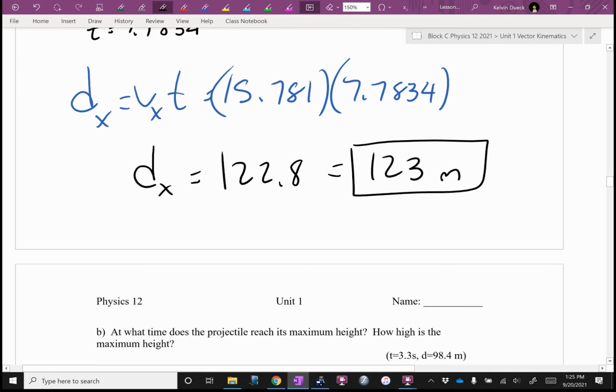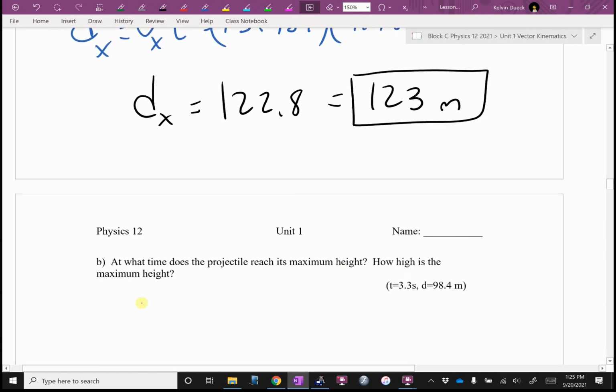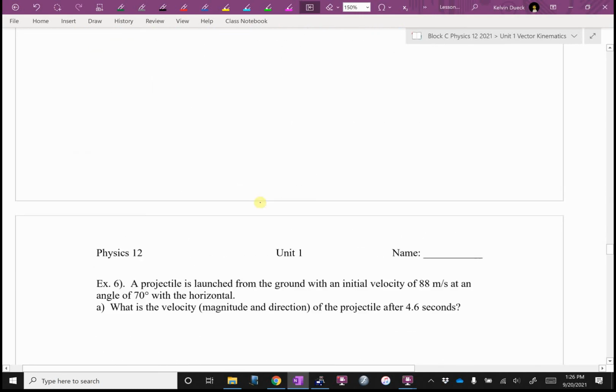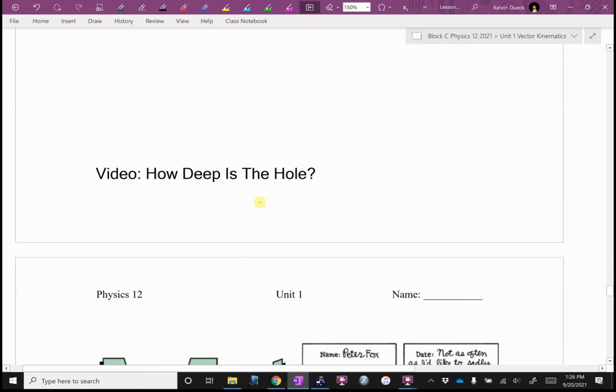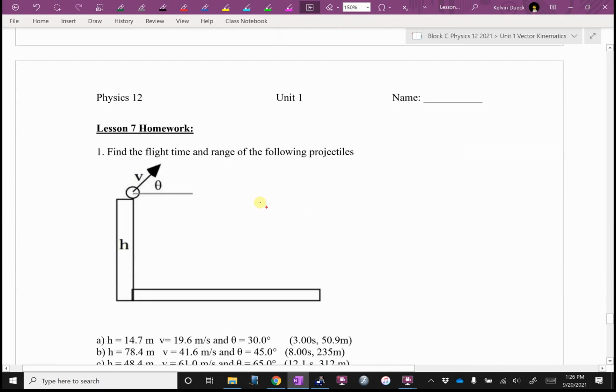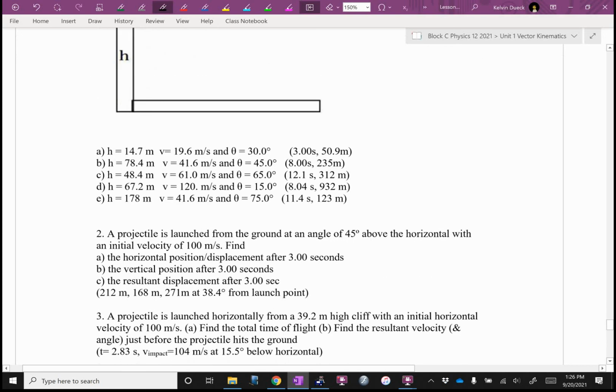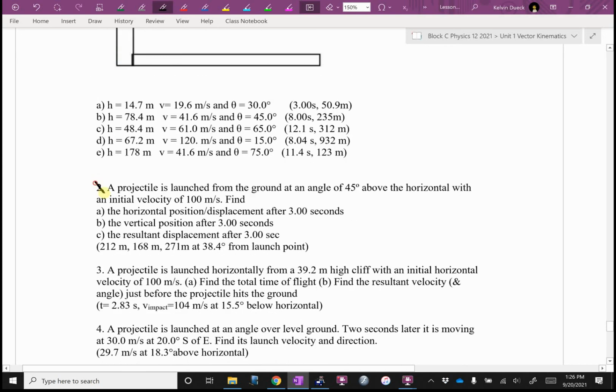Okay. I'm going to pause here, but for now, if you want to get a head start on the homework, you can certainly do number 1, probably on a separate piece of paper. You can skip 2.